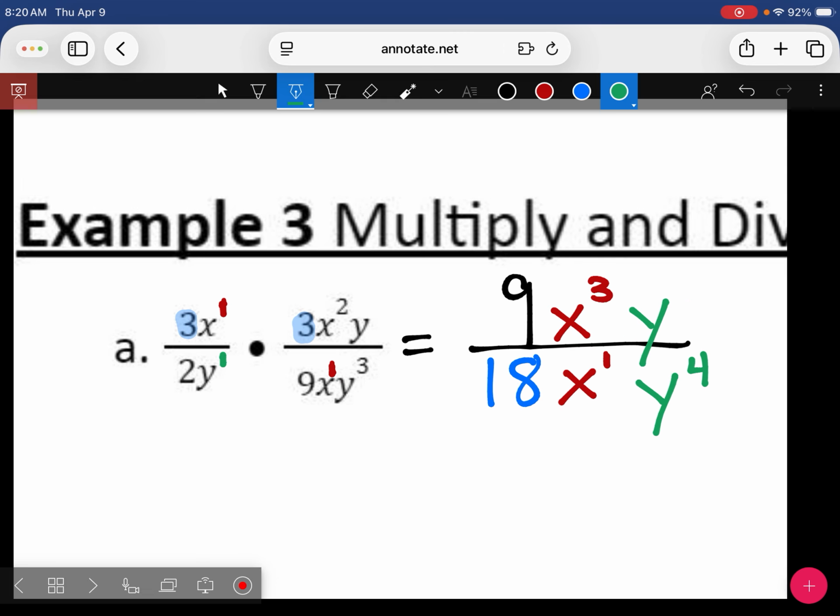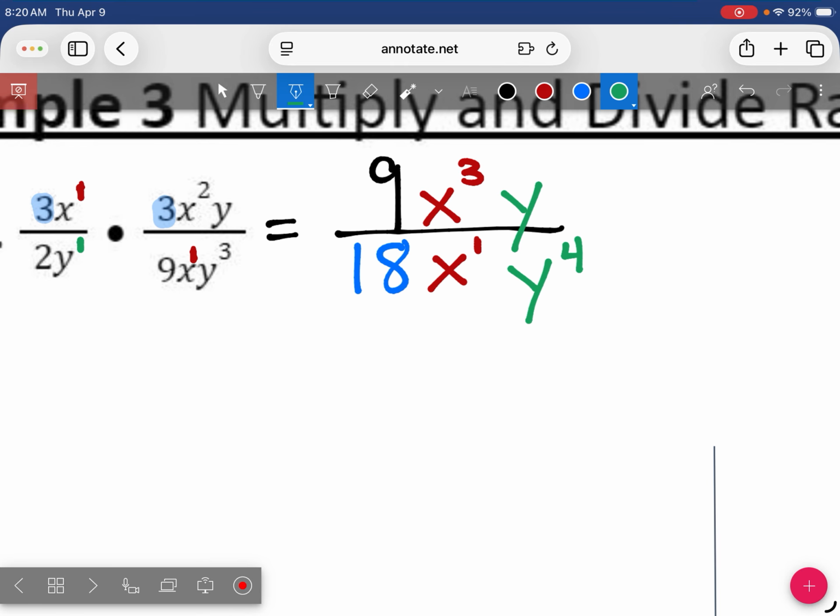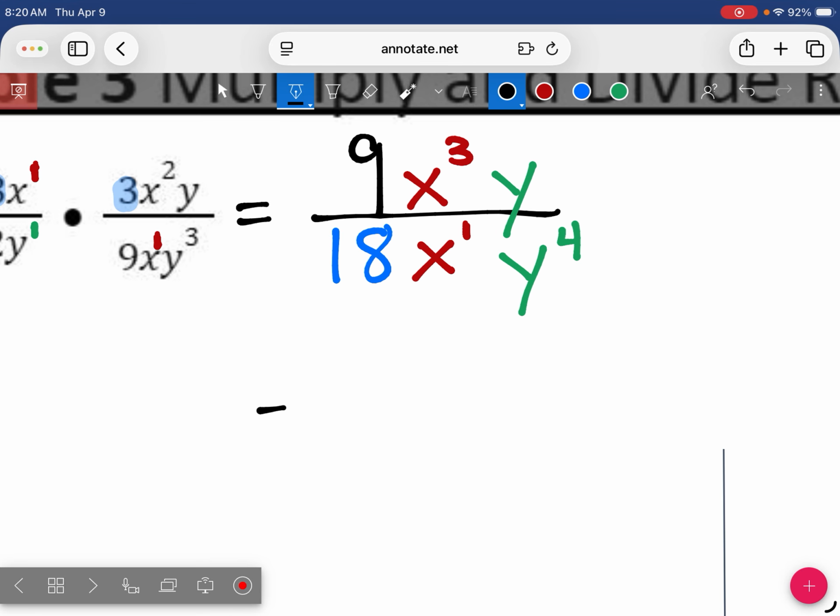So let's start with reducing our fraction. So 9 divided by 9 is 1. 18 divided by 9 is 2.